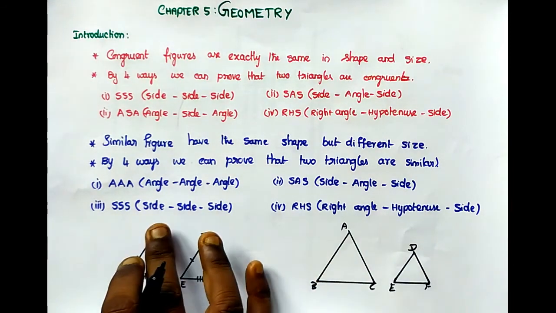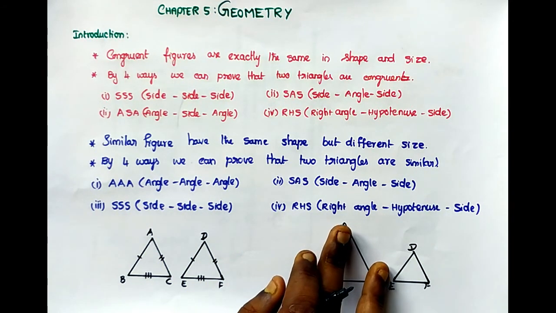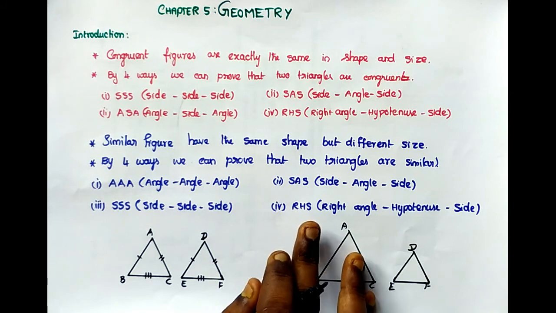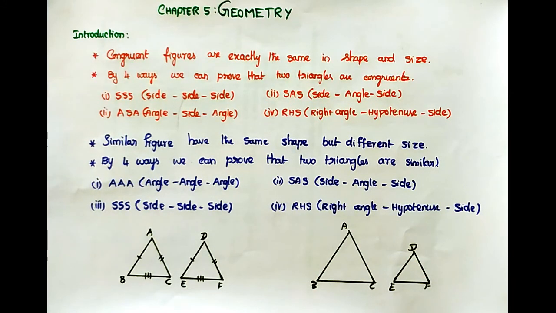And then SSS, side, side, side. Then RHS, right angle, hypotenuse, side. So these are the examples of congruence and similarity.